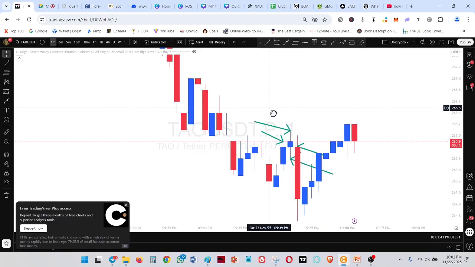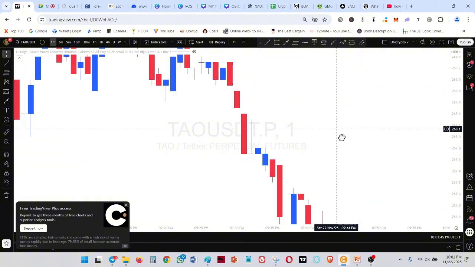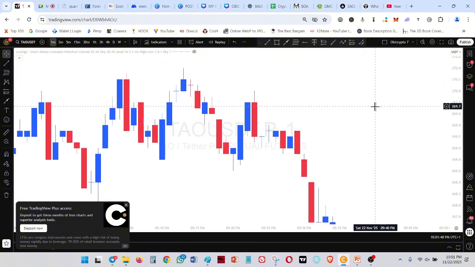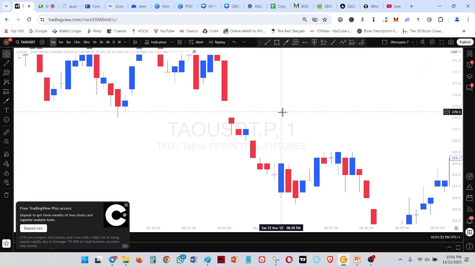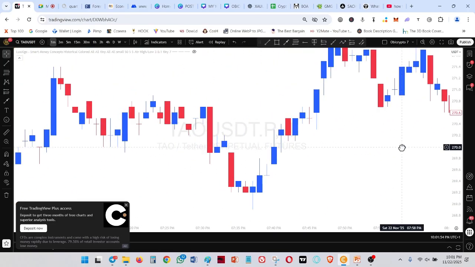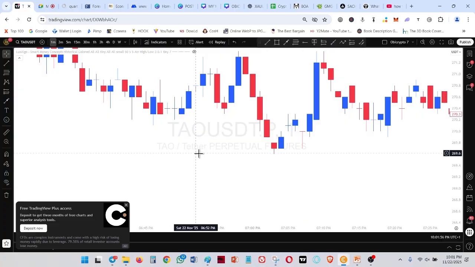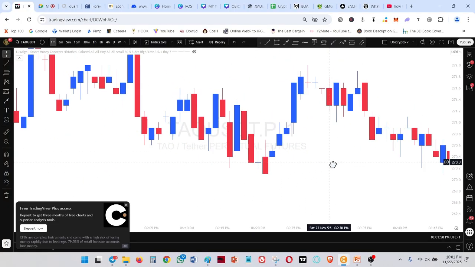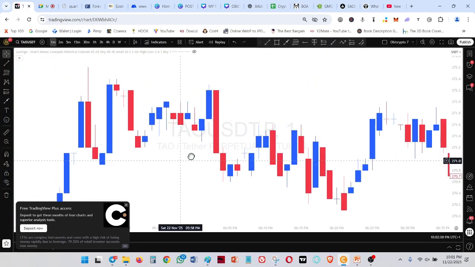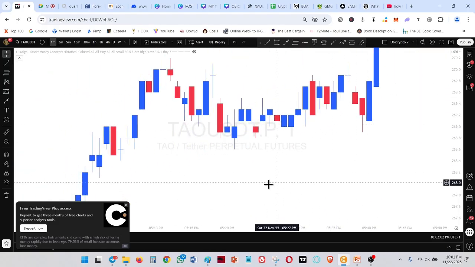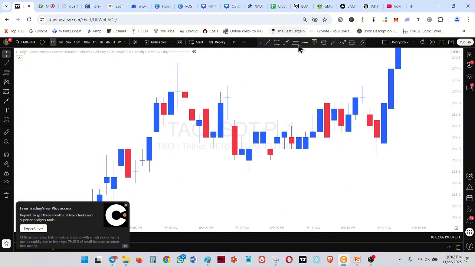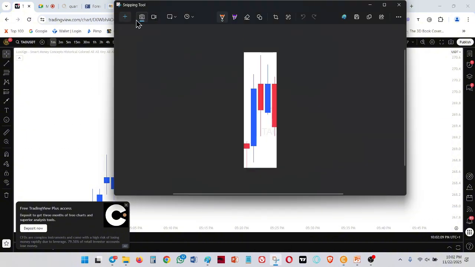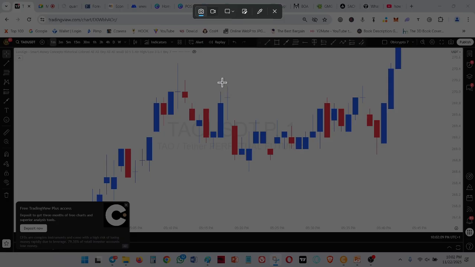So let me see if I can get any bearish candle here that we can use for our experiment. I want a proper candle with the wick and everything. Let me just look for one. Okay, I've gotten one here. I'm gonna pick this one.